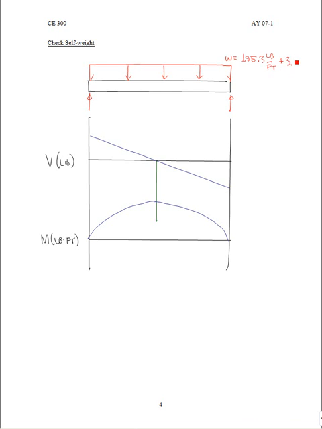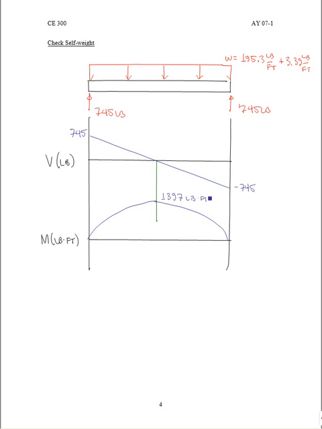If we look in table A-15 again, we'll find that the self-weight is 3.39 pounds per foot of length for a 2x8. So our reactions in this case are 745 pounds, which makes the values on our shear diagram 745 and negative 745, the same shape as we had in the previous shear diagram.